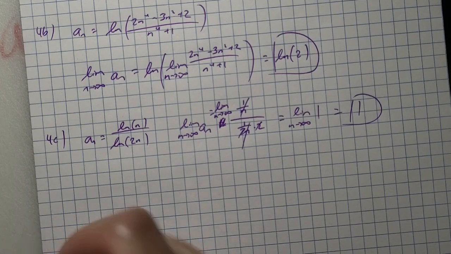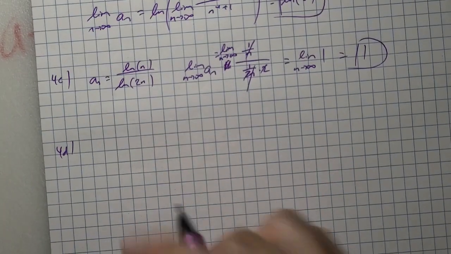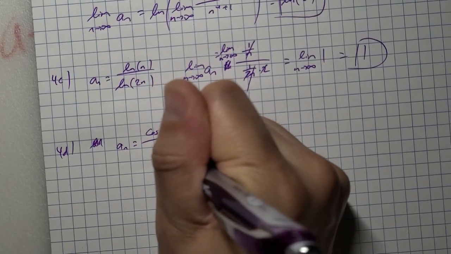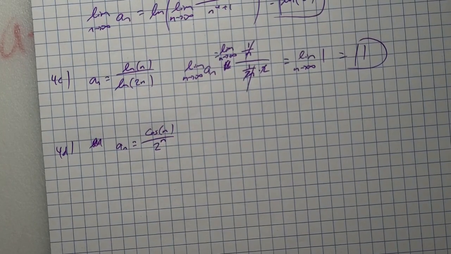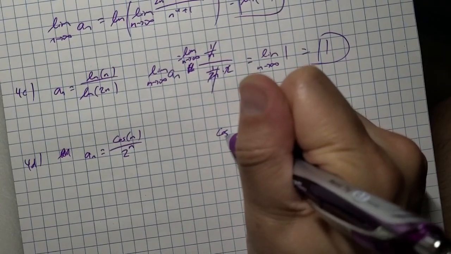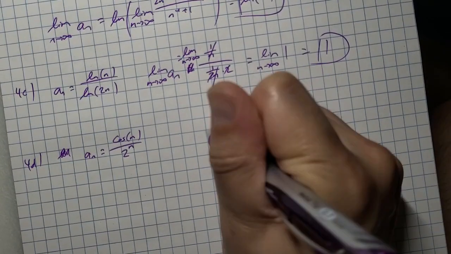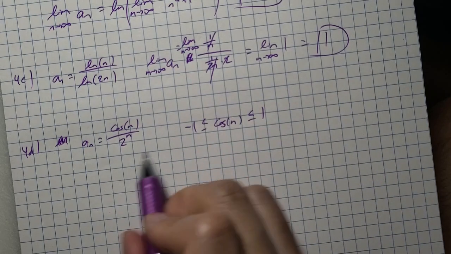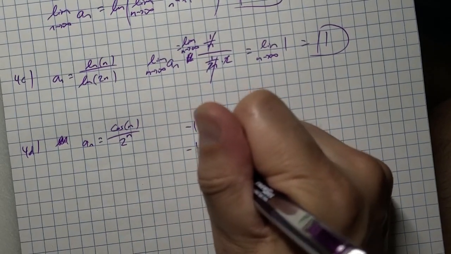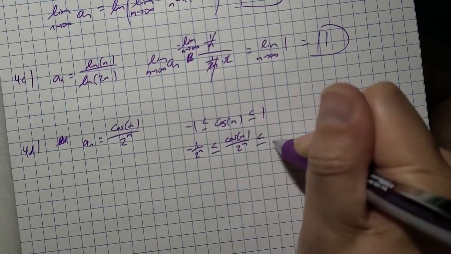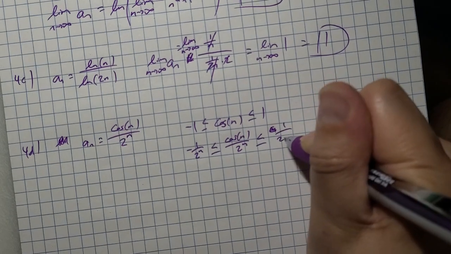Okay. For D, a sub n is cosine n over 2 to the n. How do we solve this? Well, we have to use the squeeze theorem for this. Okay, we know that cosine of n is between 1 and minus 1. The cosine function is always between that. So we multiply everywhere by 1 over 2 to the n, so minus 1 over 2 to the n is less than or equal to cosine n over 2 to the n, which is less than or equal to 1 over 2 to the n.